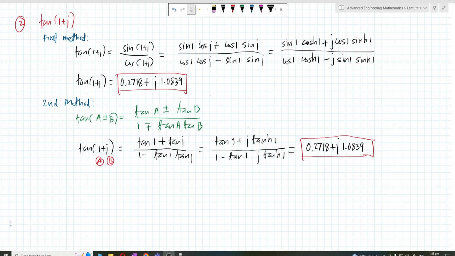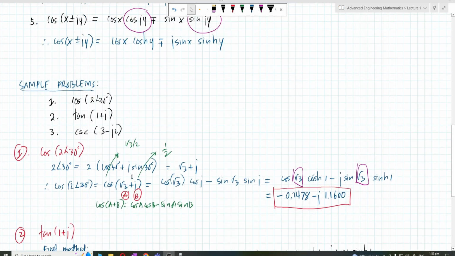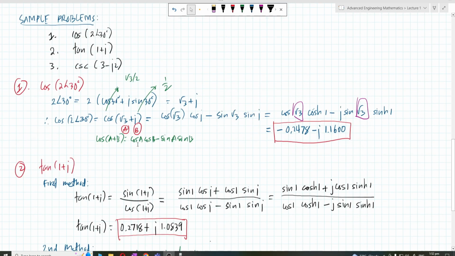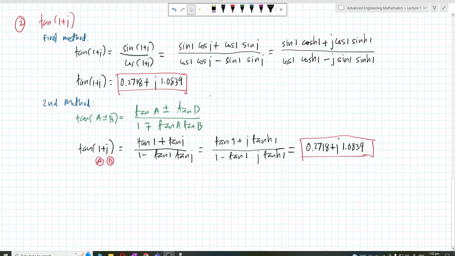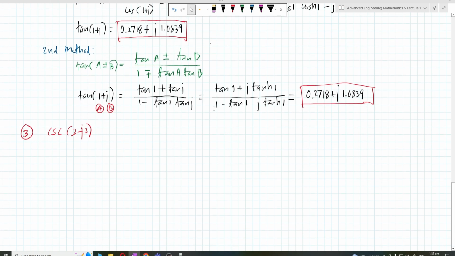Okay, now let's proceed to number 3: the cosecant of 3 minus j2. It's simple, guys. What is the cosecant? Remember, the cosecant is the reciprocal of sine.